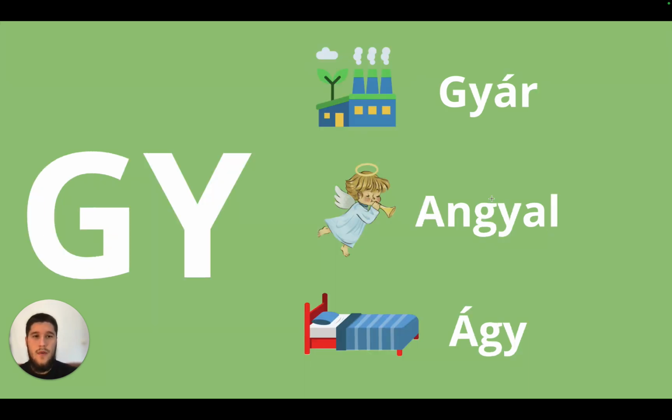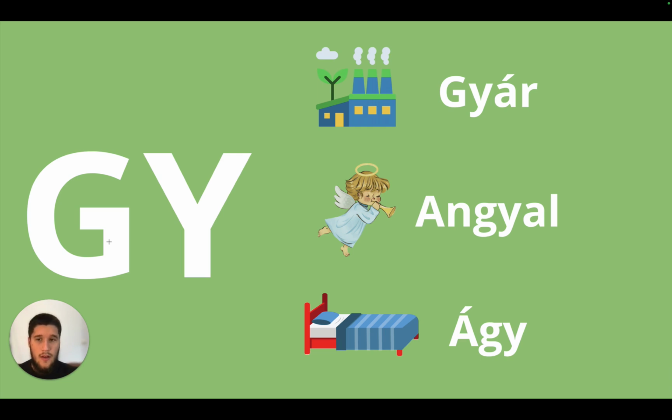Gy. Gyár. Angyal. Ágy. So these double-digit consonants might seem a little tricky at first, but to be honest, whenever you see the letter Y, which we call Y in Hungarian, in the middle of a word, it always means that the letter before it and Y come together and form one letter, one sound.